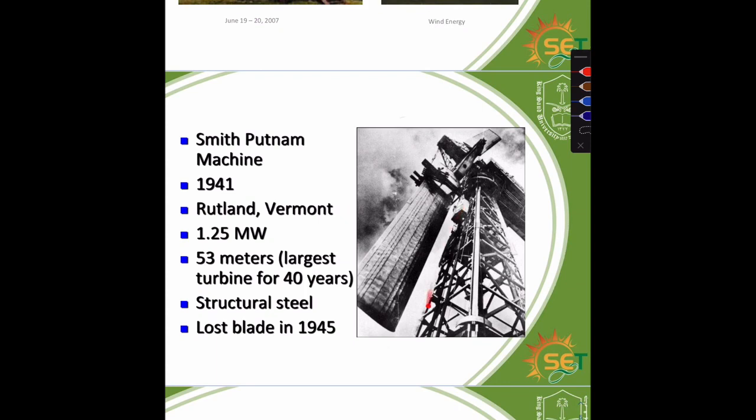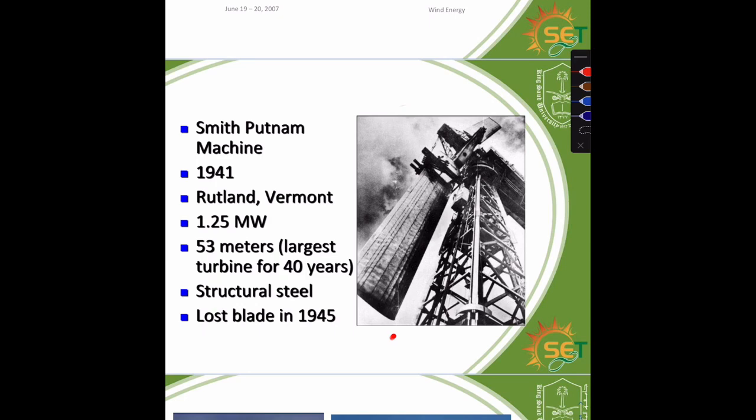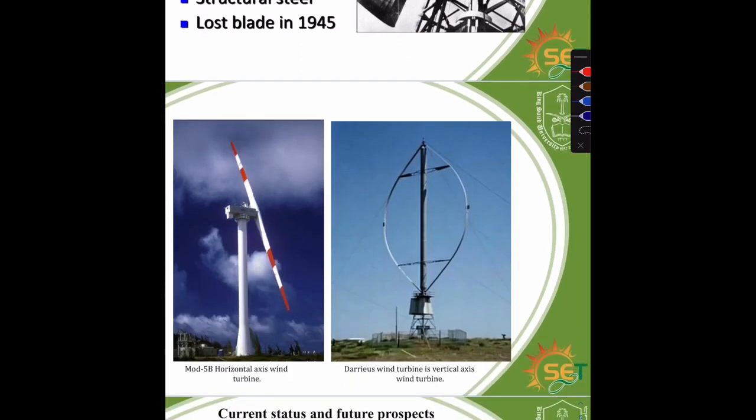Structural steel, as we can see, and this turbine actually lost a blade in 1945. That's more pictures of the horizontal axis wind turbine and a vertical axis wind turbine, a Darrieus type.